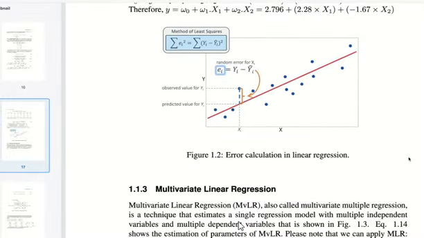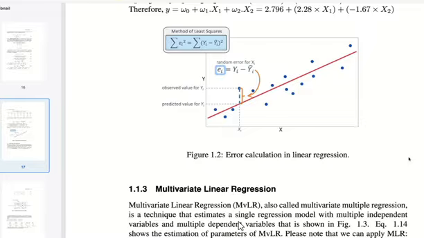Then we talked about how we can calculate the error of a regression model. For example, look at the red line, which is called the regression line or decision line.